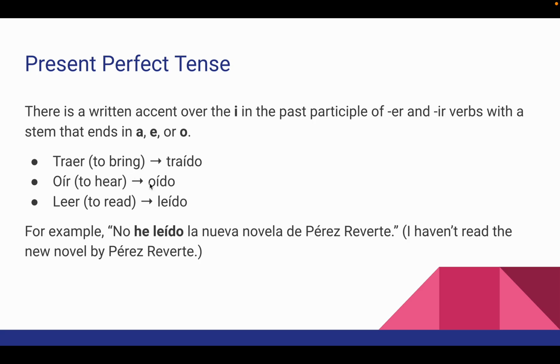Oír, to hear, becomes oído. So you put the accent on there. Leer, to read, becomes leído. So you put the accent on the i. For example, no he leído la nueva novela de Pérez Reverte. I haven't read the new novel by Pérez Reverte. And that is how you form the present perfect tense.